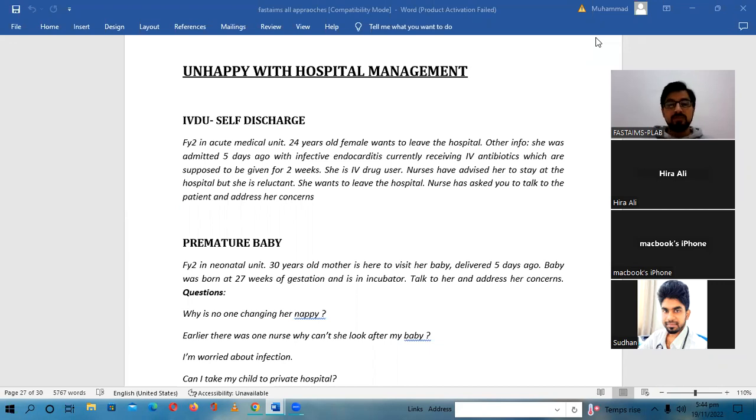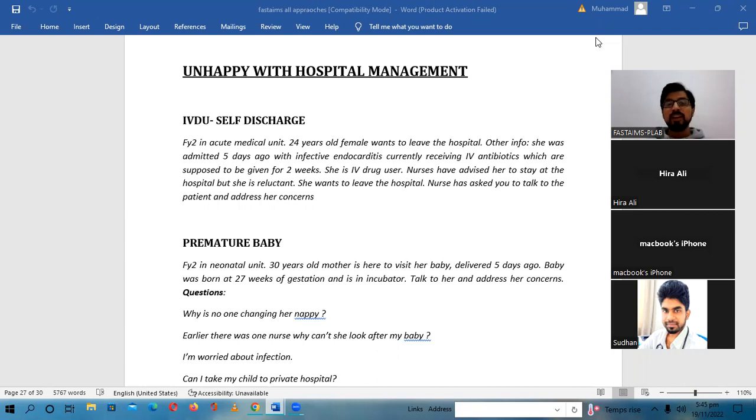And then after you confirm the details, you have done the GRIPS, that is greeting, rapport building, introduction, and purpose or paraphrasing, and then you start, okay, with a smile. And then you have to paraphrase: I've been told that you have been admitted to the hospital.